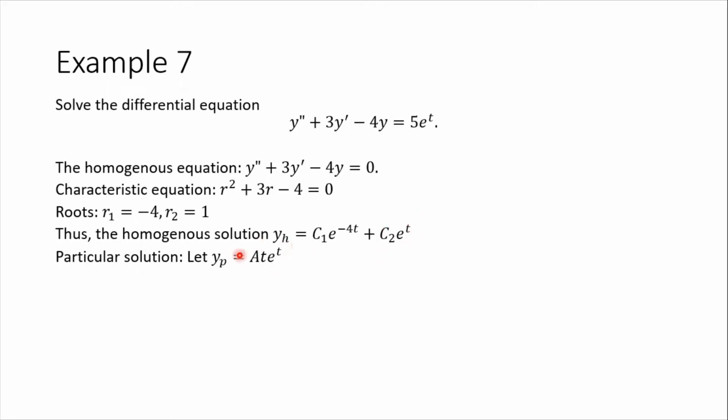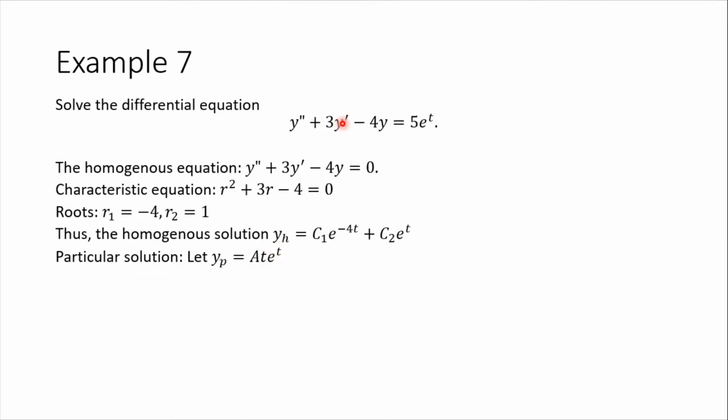So it will not work if we use yp equal to a times e to the power of t, because it will not be different from what we have in the homogeneous solution. The particular solution is an addition, it should be something different. Alright, so how to differ? We multiply by t. This is a very standard method.